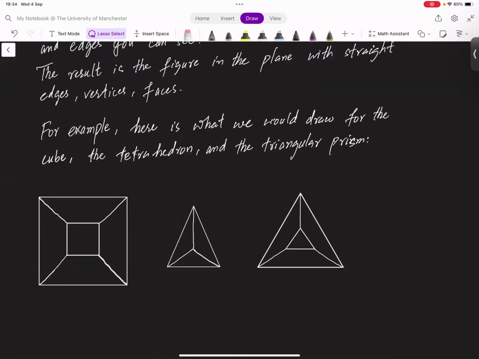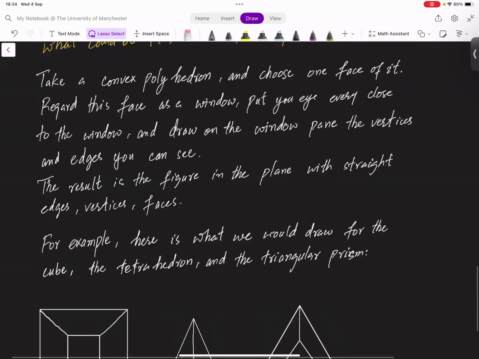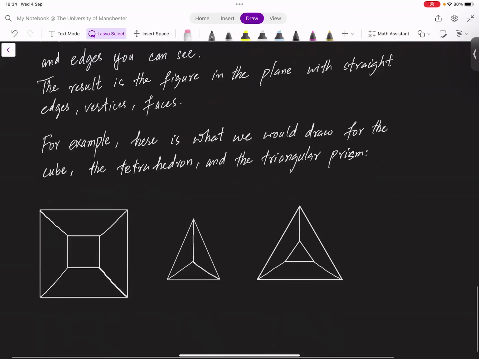Okay, now these are the examples. If you follow this process and see through a cube, you will see this, for a tetrahedron you will see this, and for a triangular prism you'll see this.